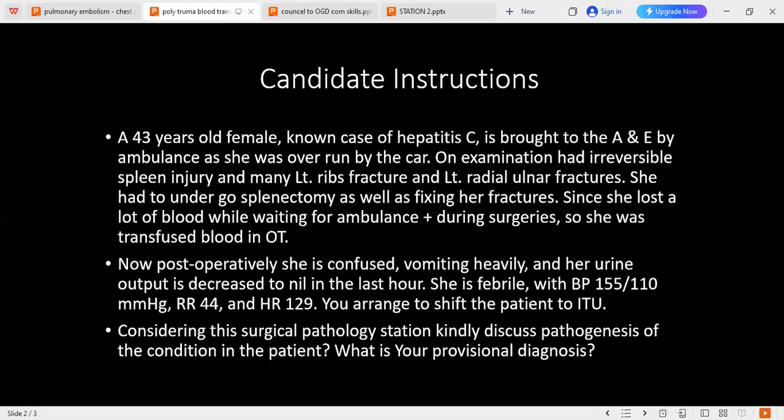Okay. Right. Since the patient is in shock, the patient would have bleeding tendency. So, what might be the reason? The patient has a coagulation disorder because the patient is a hepatitis C patient.